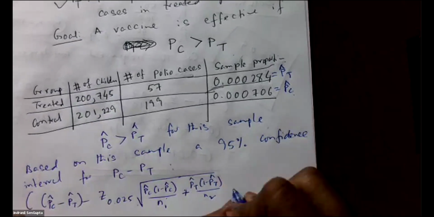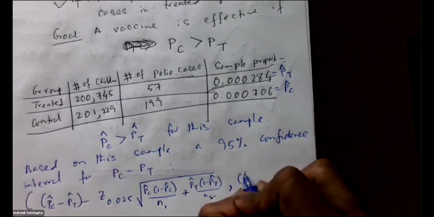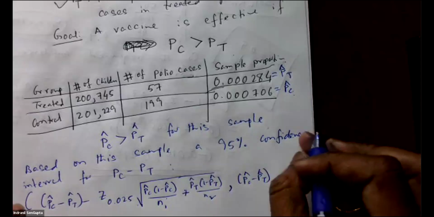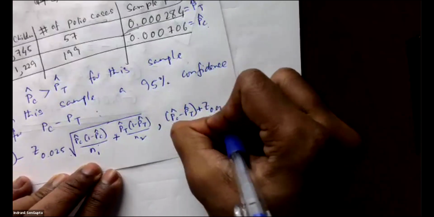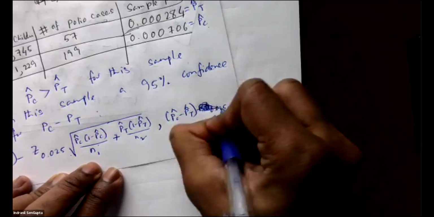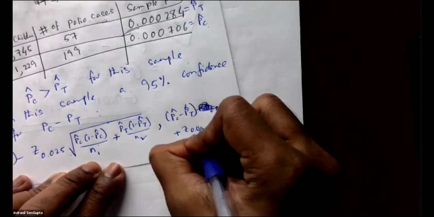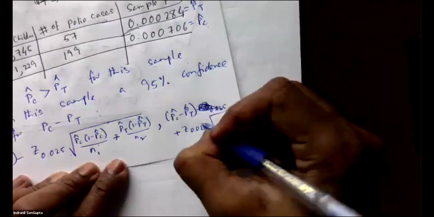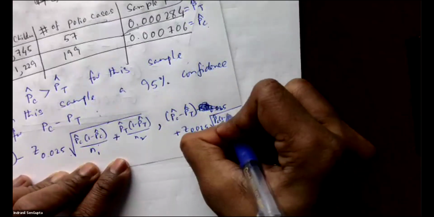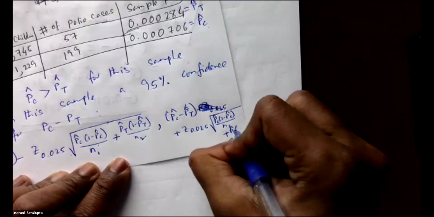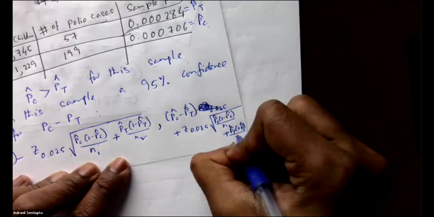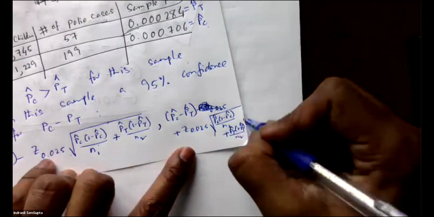Okay. So this is PC hat minus PT hat plus Z of 0.025. Sorry, let me just write it here. Plus Z of 0.025, and then this thing: PC hat times 1 minus PC hat over N1, plus PT hat times 1 minus PT hat over N2. Sorry about squeezing, but you get the idea. So basically, I wrote the same thing here.